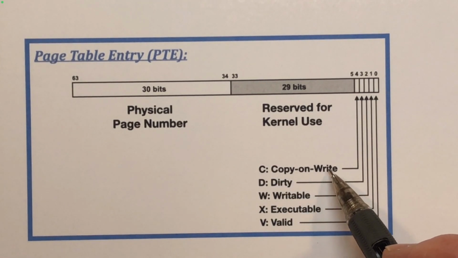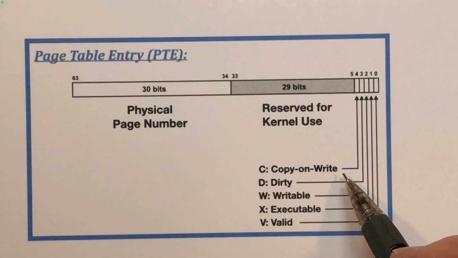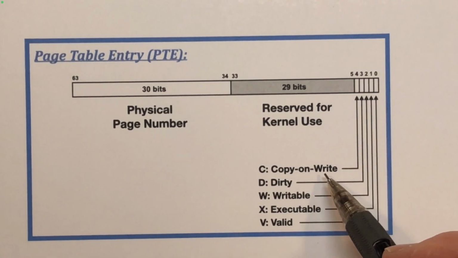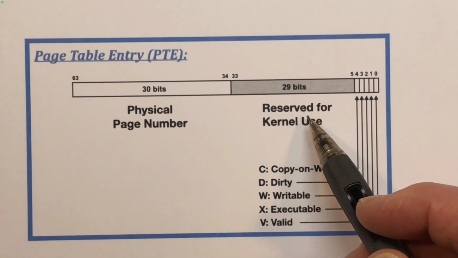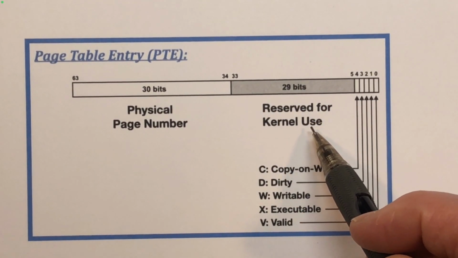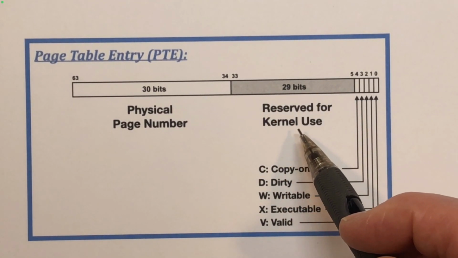And finally, we have a copy on write bit that will cause an exception if we attempt to write to a page that should be copied. The remaining 29 bits are reserved for kernel use and can be used as necessary by the kernel code.